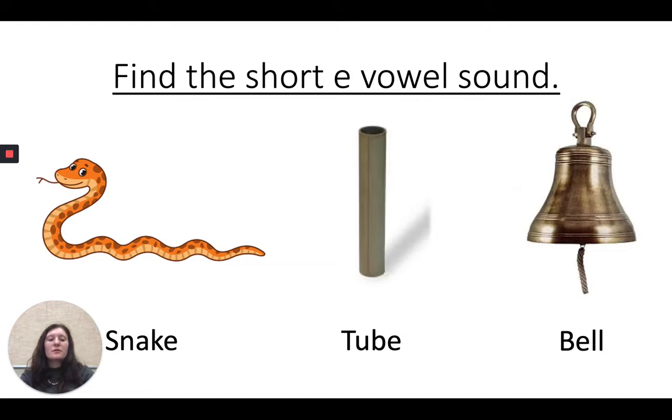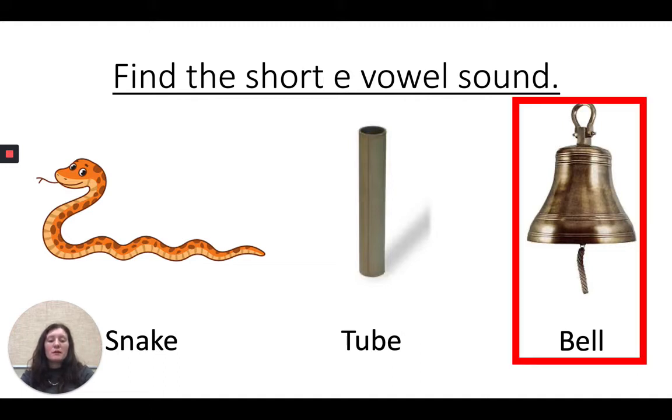So we know it's going to be the word bell, because in the word snake, we don't even see the letter E in there. So we know that one is a very easy out. And in the word tube, the E is at the end of the word. So in the word tube, that actually has the U sound in it. So bell is going to be our short E vowel sound word.